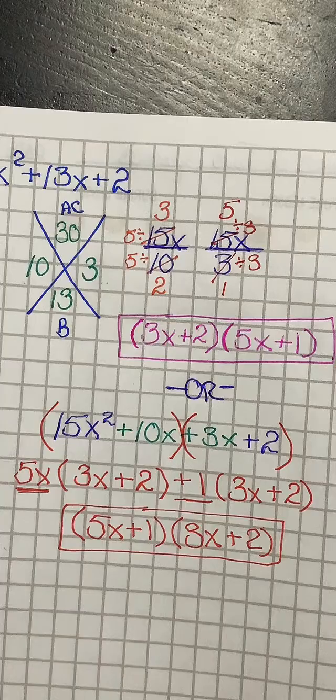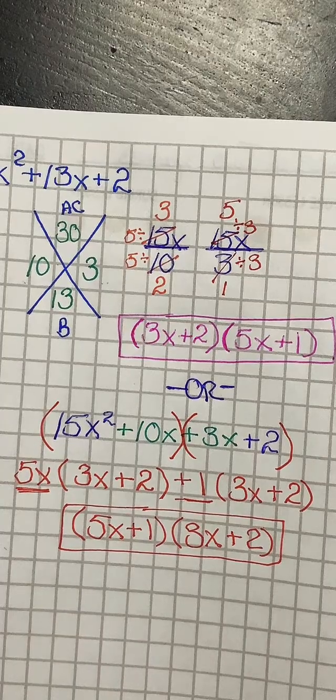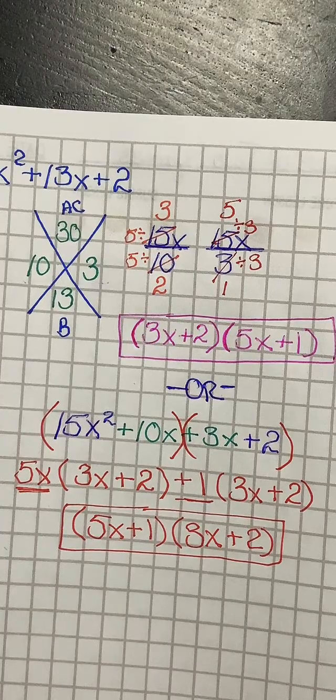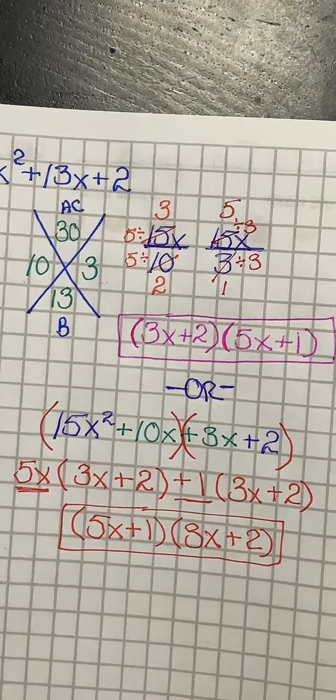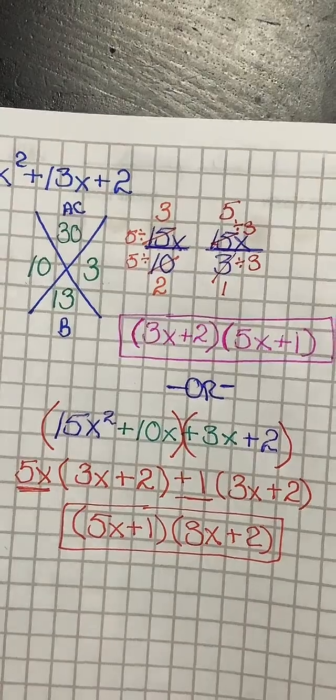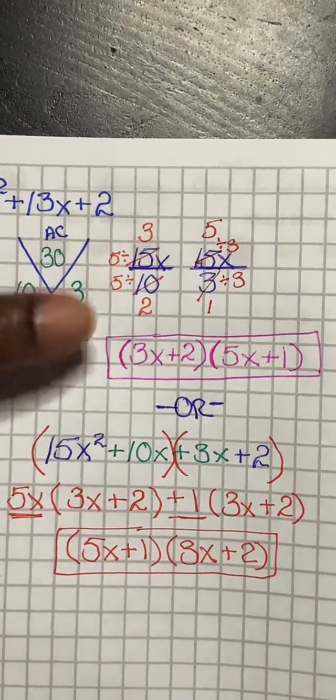Okay. Does that make sense, Space Cadet? All right. Then grouping. Yes, that's why I know. So this is the true version of the AC method.